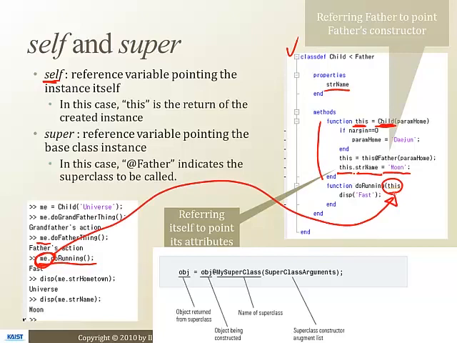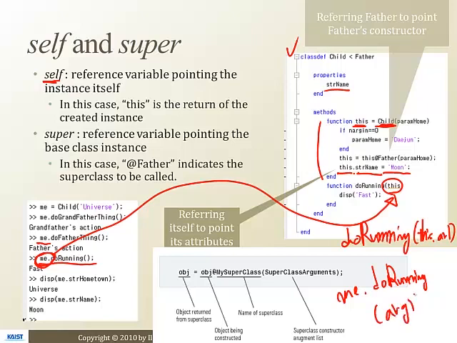Okay, so you may wonder, for instance, if we have doRunning and this comma arg1, what you actually see in the execution is me.doRunning and arg1. Why is that? Because me corresponds to this and arg1 corresponds to this. Okay.